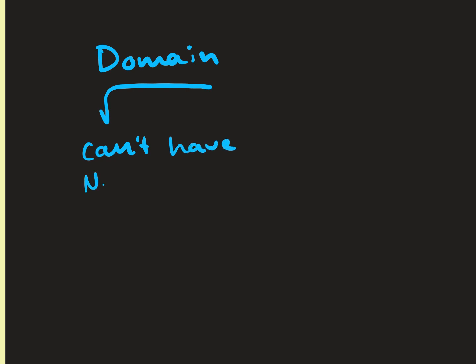When we check our domains, there's two things we want to look out for. If we have a square root, what can we not have under the square root? Negative numbers. So we can't have negatives under the square root.